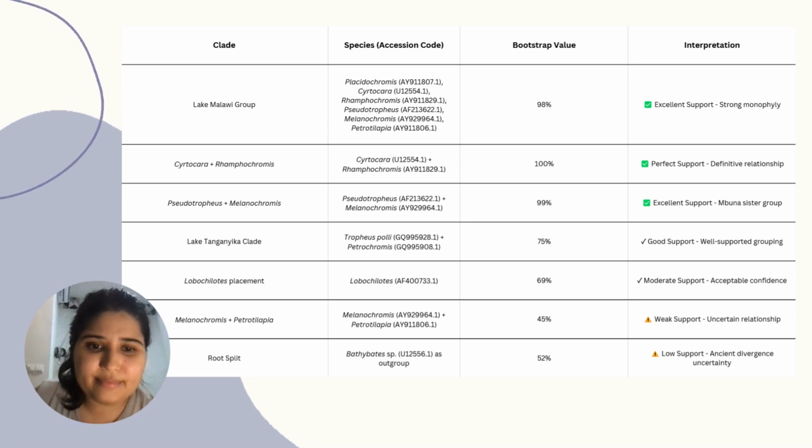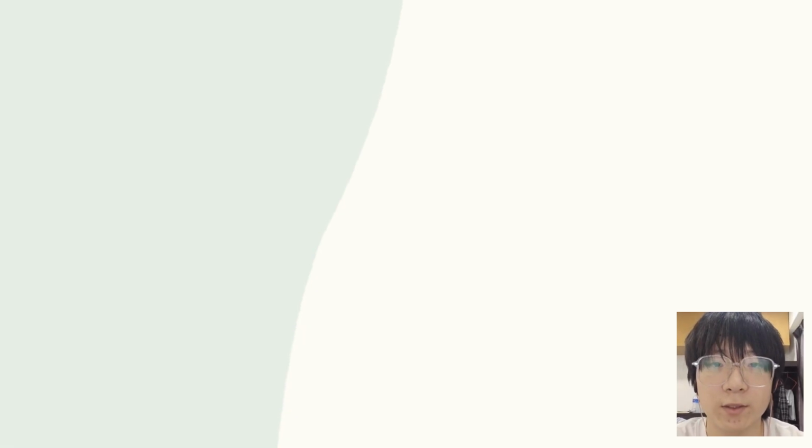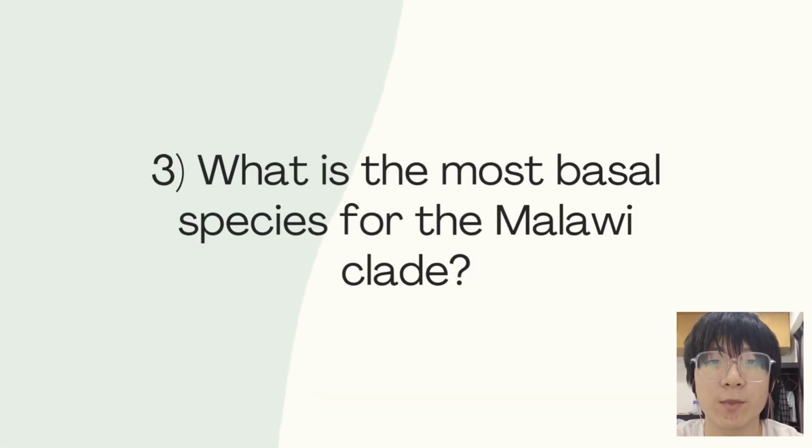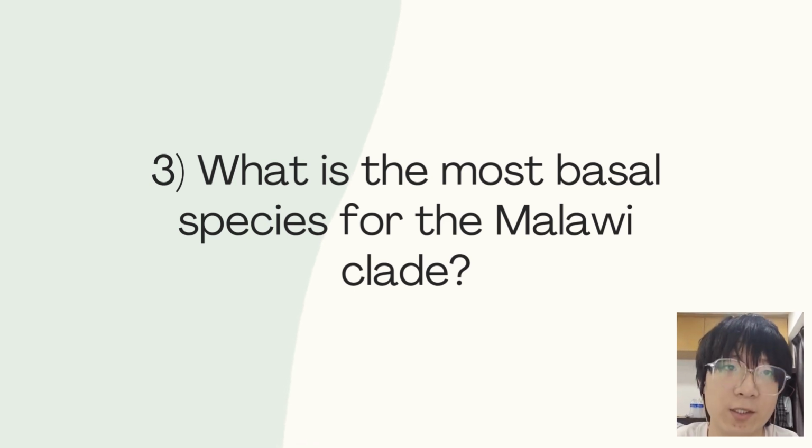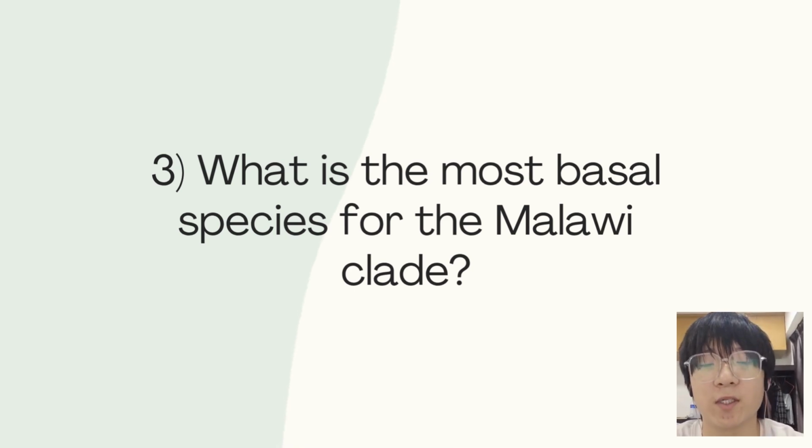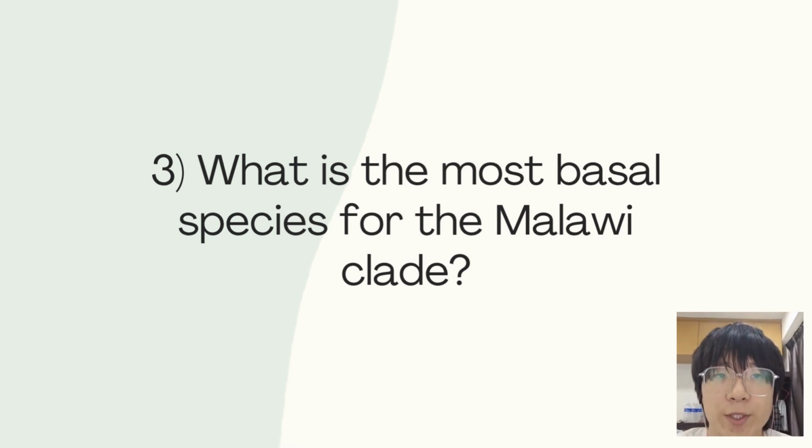Thank you. For the third question, what is the most basal species of the Malawi clade? It is actually the earliest diverging lineage in the group. On the tree, it is the species that branches off first from the common ancestor of the clade. So how do we identify it? We first look at the Malawi clade in the NJ tree and find the first branch within the group.